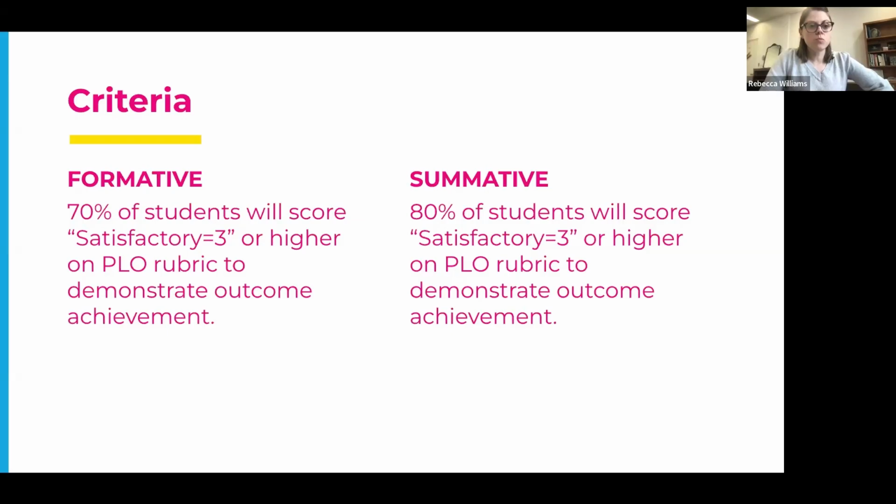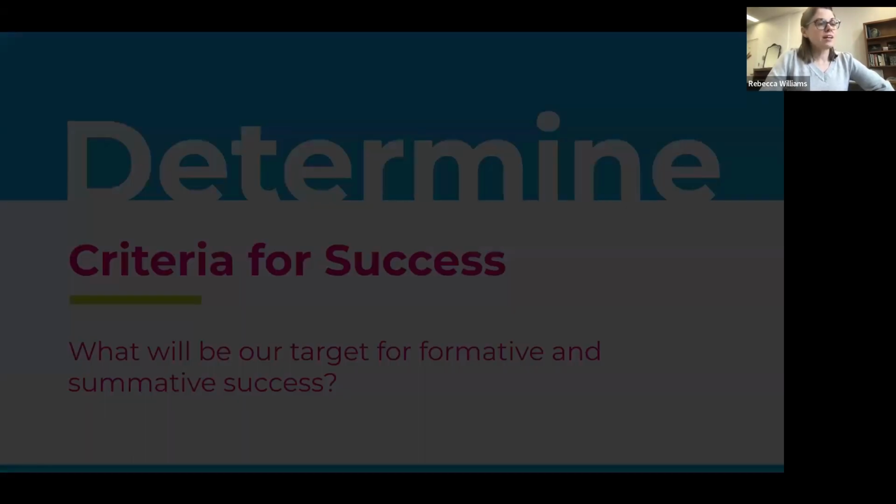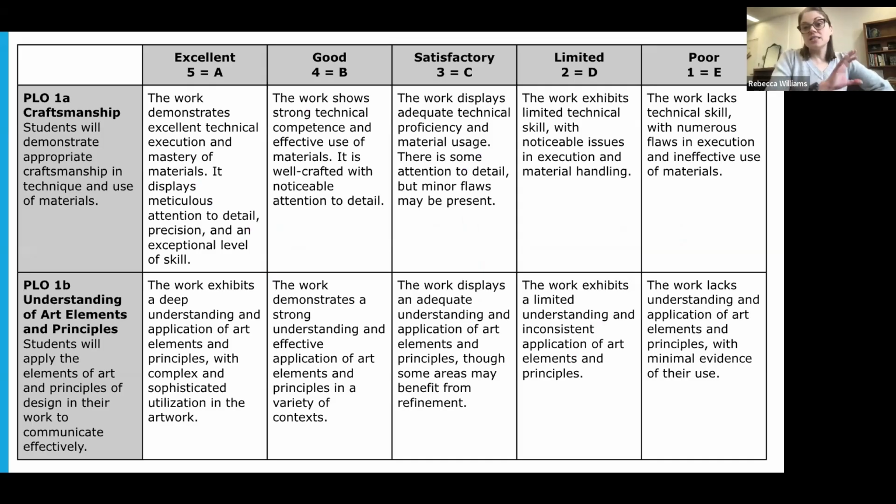So, what we have done is we've identified what score we want students to achieve. For the formative, 70% of them are going to reach satisfactory, adequately meeting this objective halfway through their course. But at the end, we want at least 80% of students to be reaching satisfactory. If you look at our rubric, it's set up to describe what achievement of this PLO would look like.